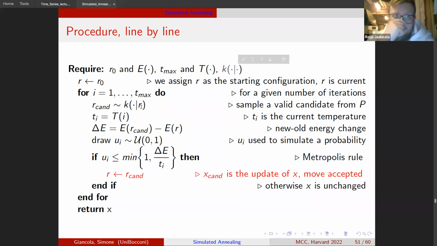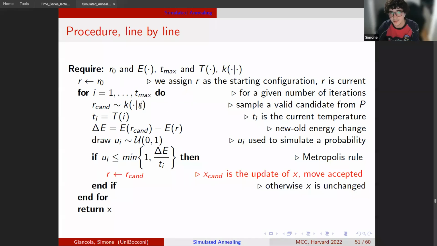So K given R, where R is the current route, samples a valid candidate given the current route. So a route which is not a union of split routes, which is of length n and starts and ends in a city, and is actually the result of a swap of cities given the current route.